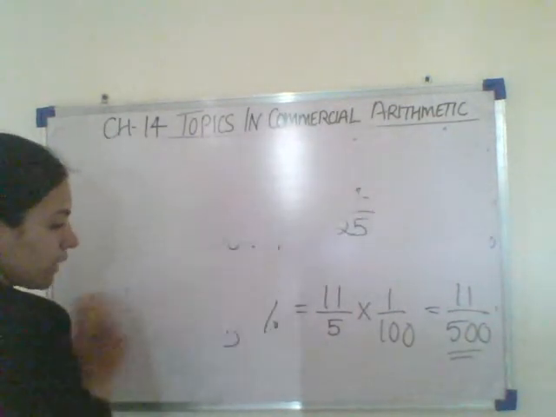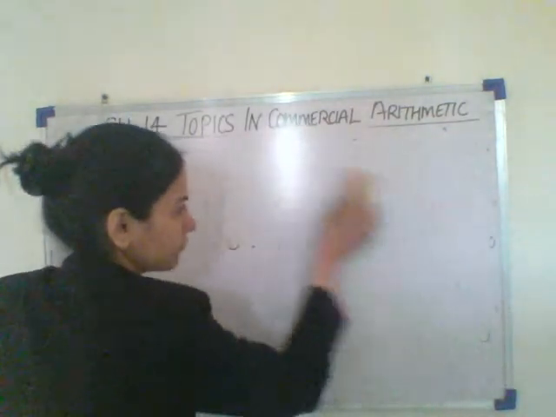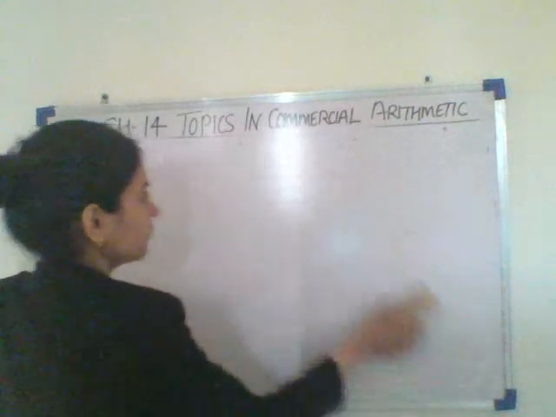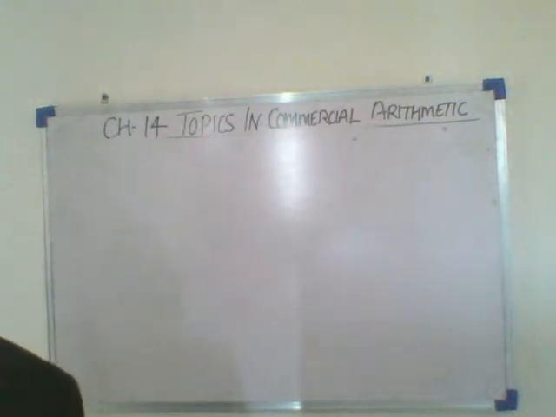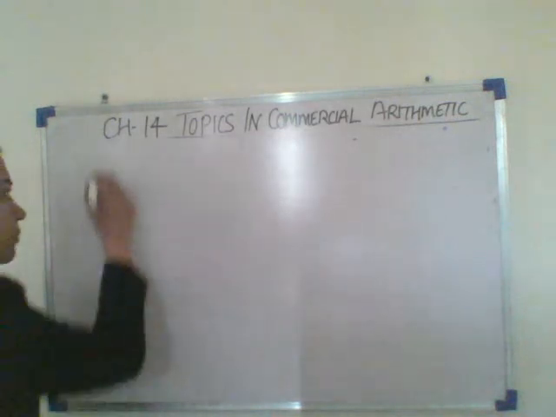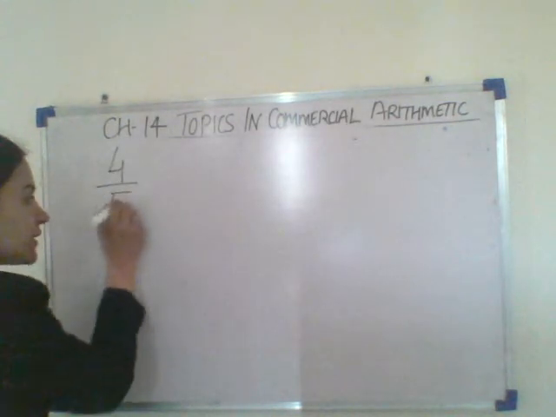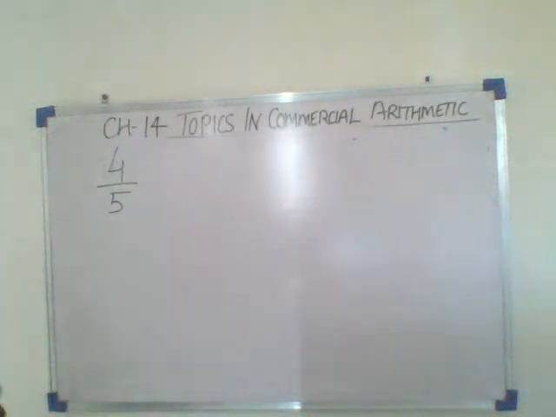Now the next one. What we have to do? Write each of the following as a percentage. Suppose 4 upon 5 is given as a fraction. You have to write it as a percentage. To write a fraction or decimal as a percent, we multiply it by 100.